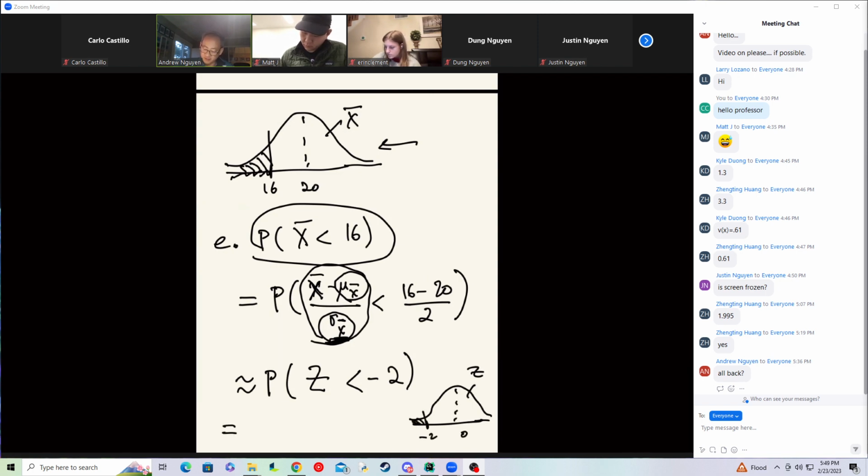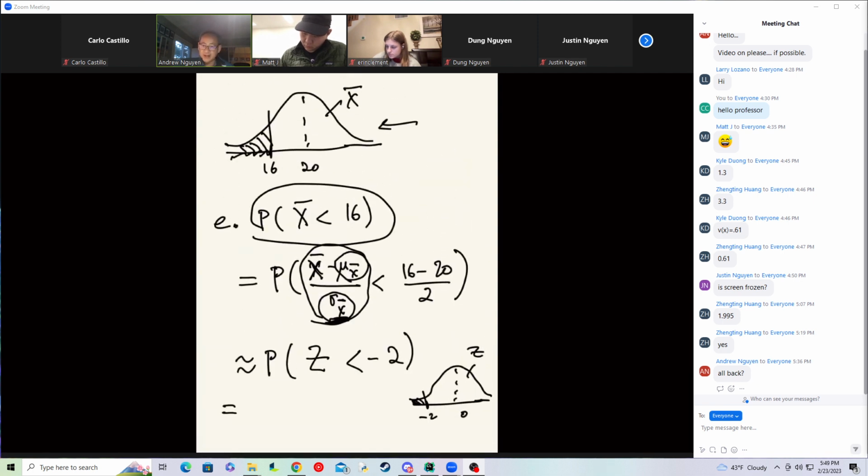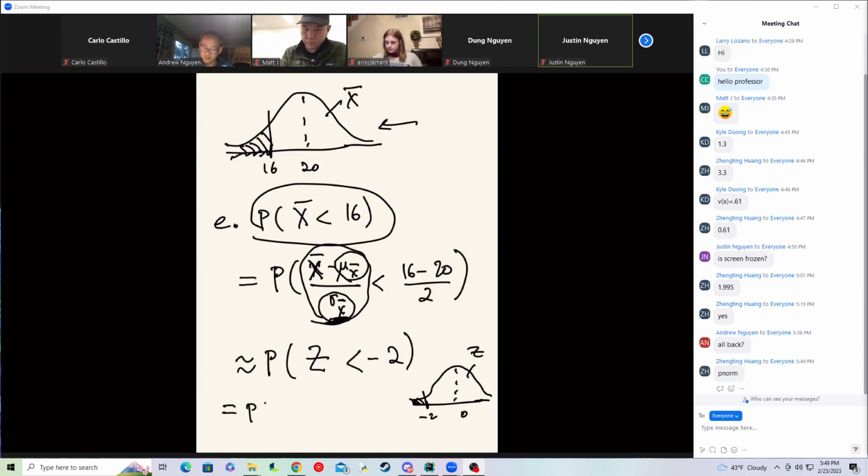What's the R code for this? pnorm of negative 2, right? And if you do that, what do you get?